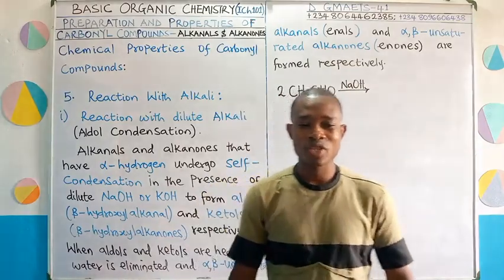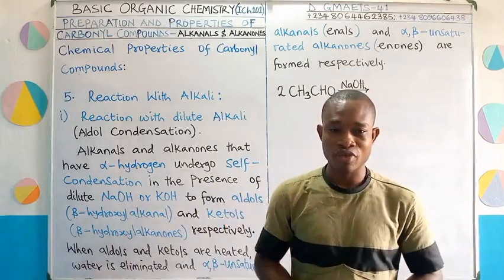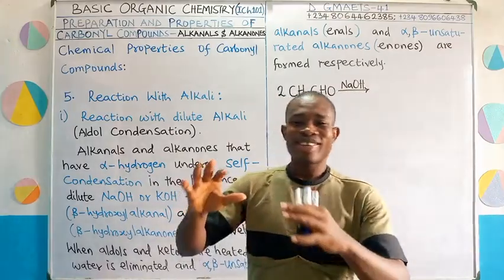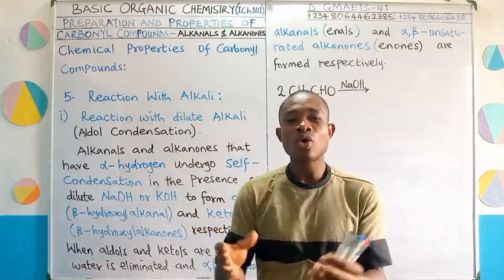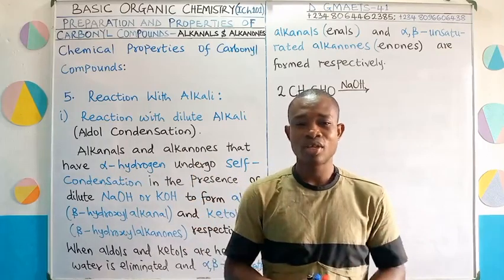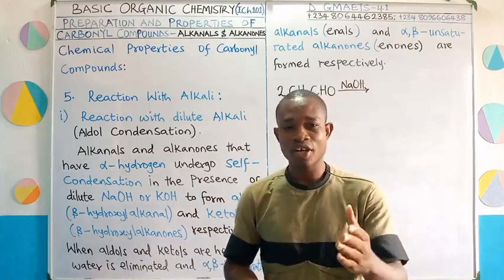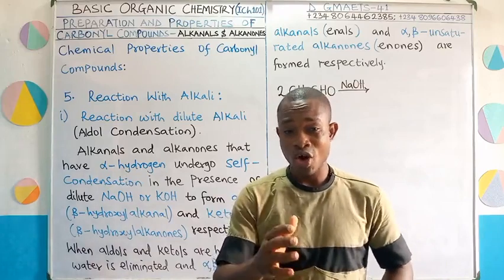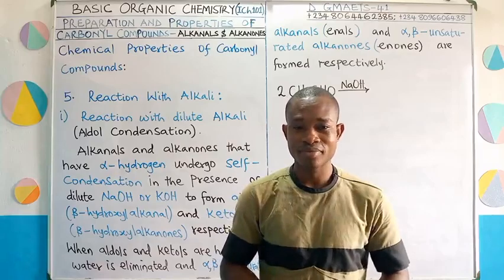Now, let us proceed to explain what happens in the Aldol condensation reaction. During Aldol condensation, the carbonyl compounds undergo self-condensation in the presence of the dilute alkali, which I stated could either be sodium hydroxide or potassium hydroxide.